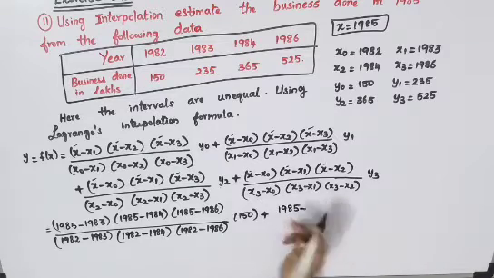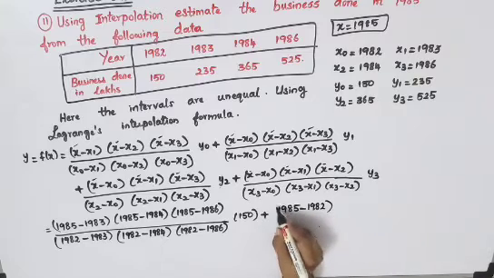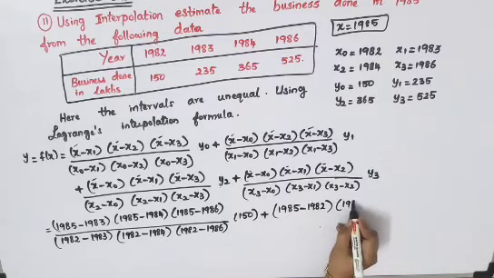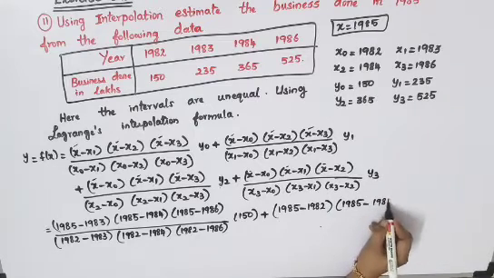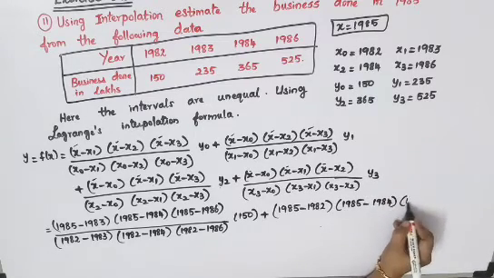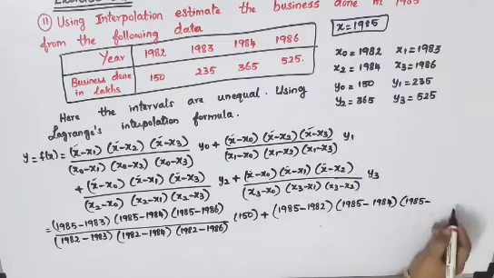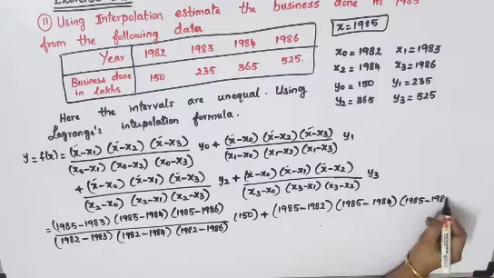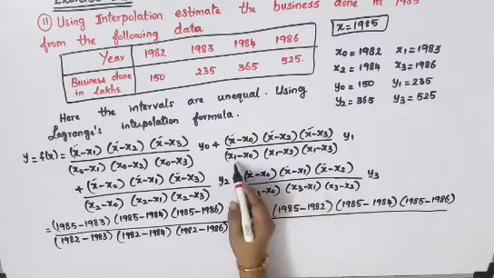1985 minus x0 is 1982. Again, same, 1985 minus x2 is 1984. Then same, 1985 minus x3 is 1986, divided by, now you will have to start with the x1.